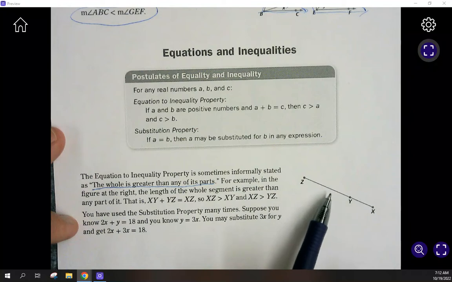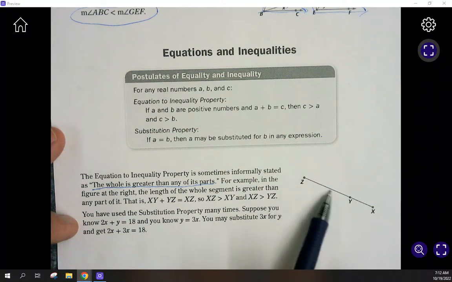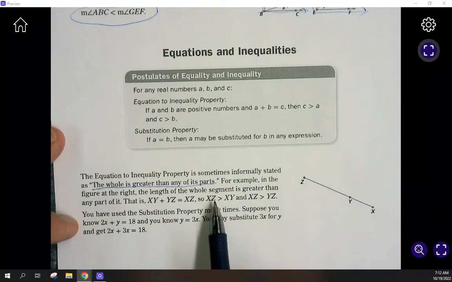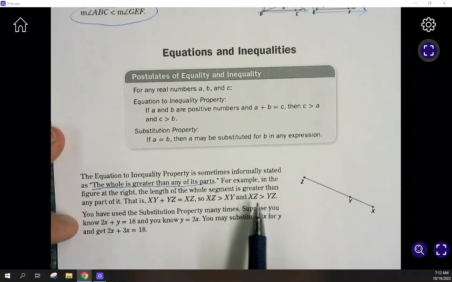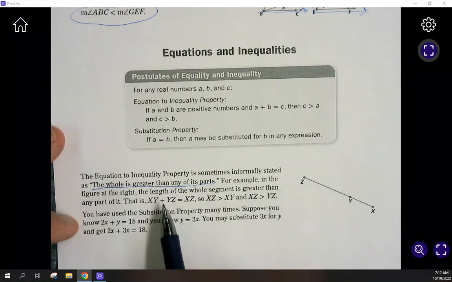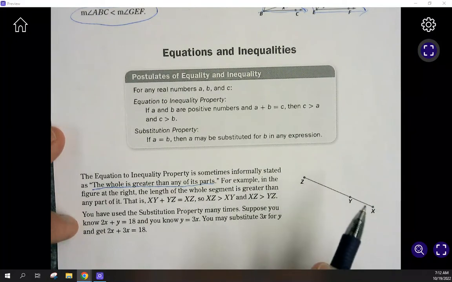Those two, based on your addition postulate, have to be added together to create the bigger segment. So therefore, the full segment, XZ, has to be bigger than XY, and XZ has to be bigger than YZ. Because if I add the two little pieces together, I get the big one. Therefore, the big one is bigger than the smaller ones.